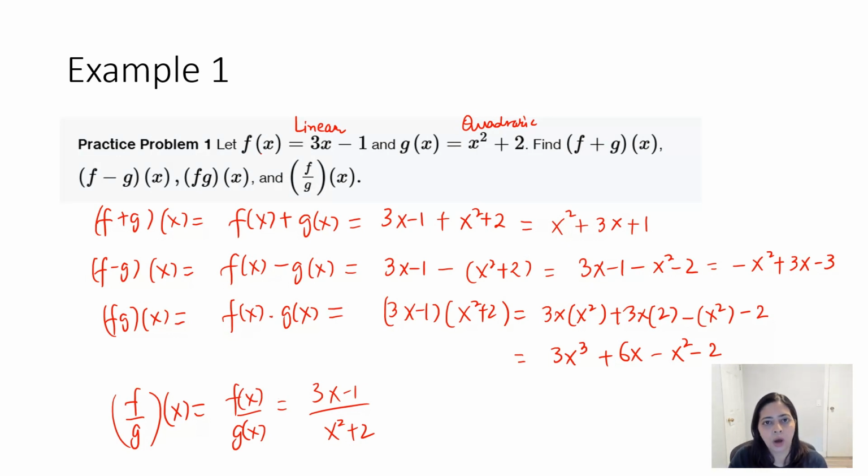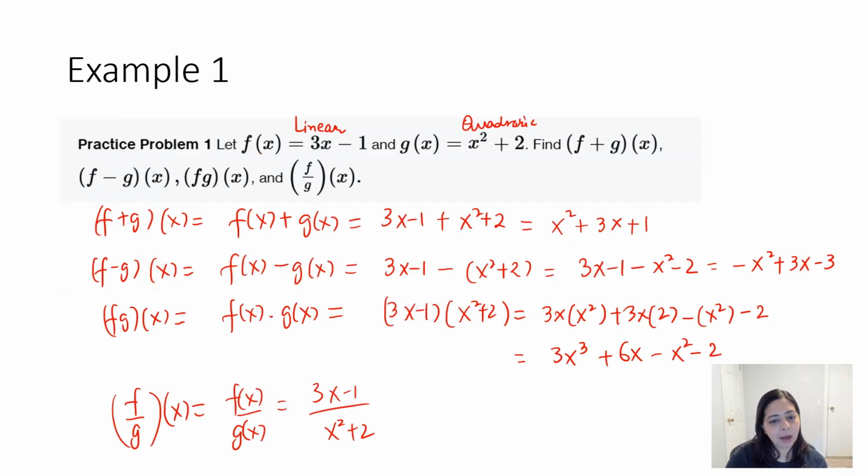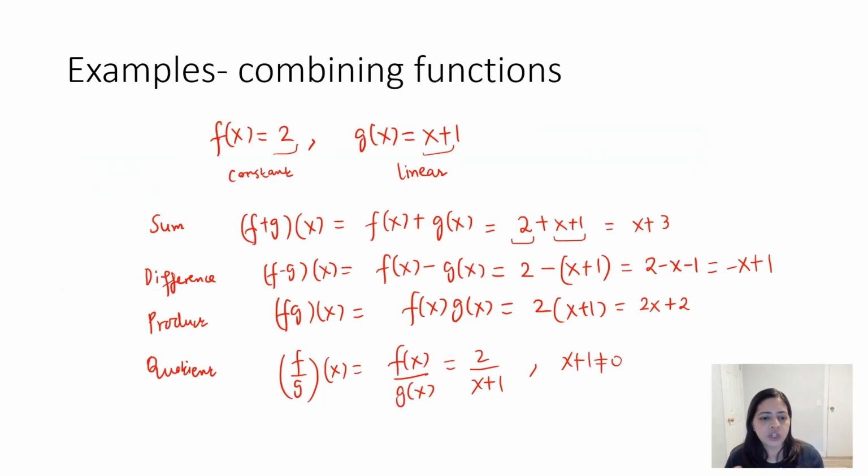Now that you know how to combine them and find all the four types of functions, let's move ahead to do function evaluation at specific points. Like these examples which we just talked about, you are simply evaluating the sum, difference, product, quotient of functions as functions. Your final answer was also a function of x.